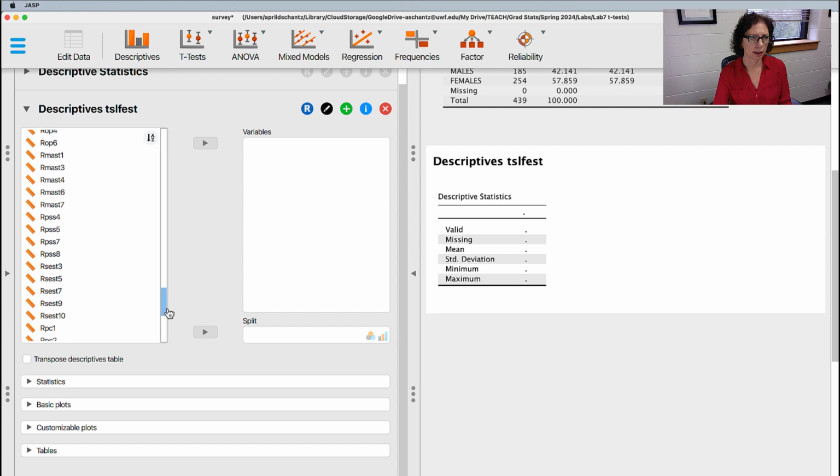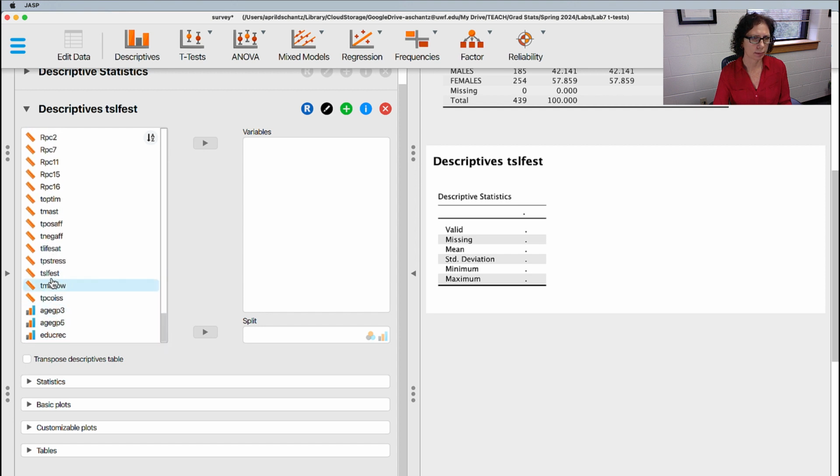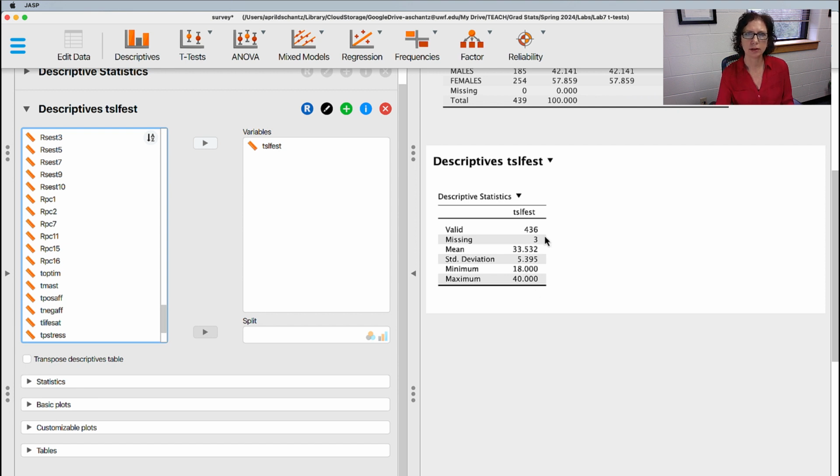So let's get that guy, he's near the bottom right there, and put him into the variables box. So this is good information we need. We need to know the mean and the standard deviation of that outcome variable overall. We also want to know if it's normally distributed. So this is one of those assumption checks that we do when we have a continuous variable.